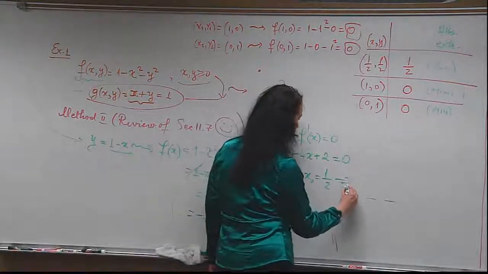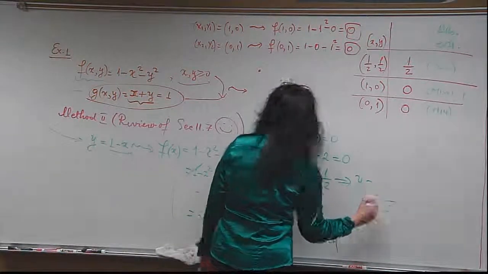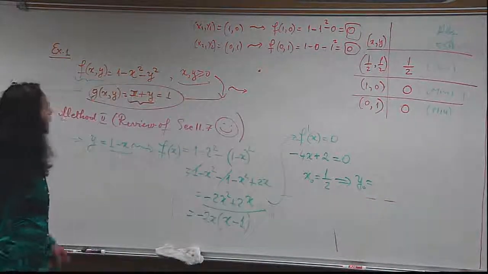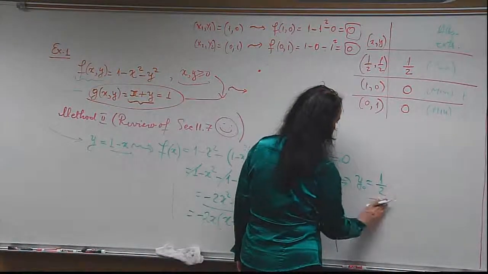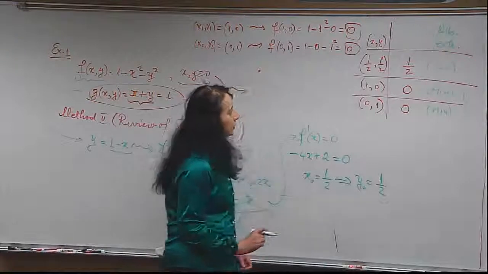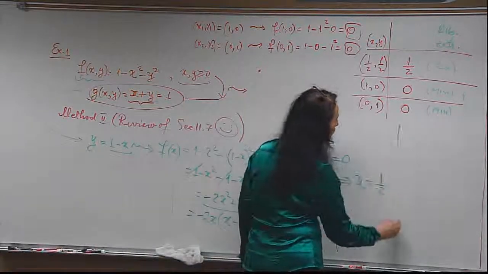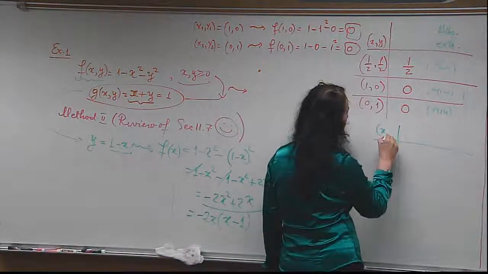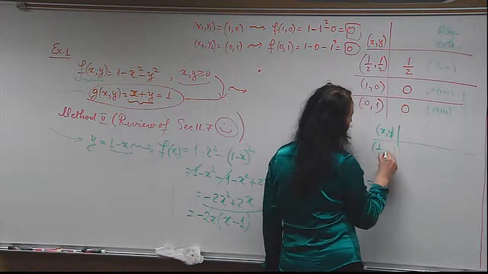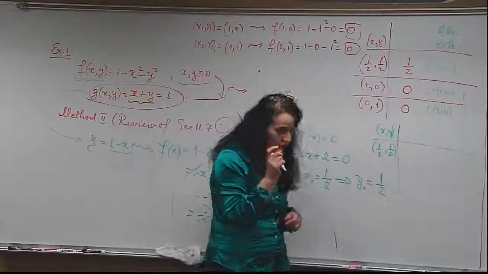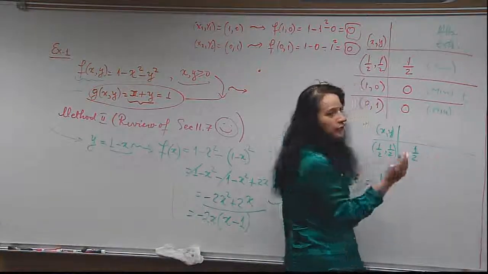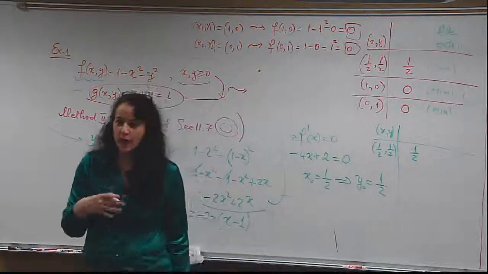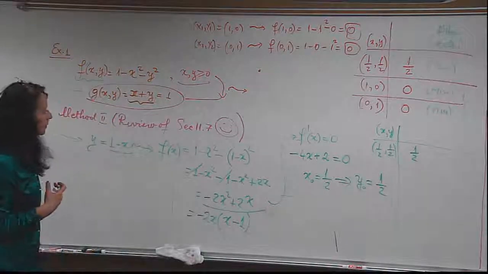Let's see how much faster or how much slower. y0 corresponding to it will be 1/2, because 1/2 plus 1/2 is 1. Just as before, I start my table and I say x and y must be 1/2 and 1/2 to give me that critical point in the middle. And I'm going to get 1/2 for that. I pretend I don't know yet that it's going to be a maximum.